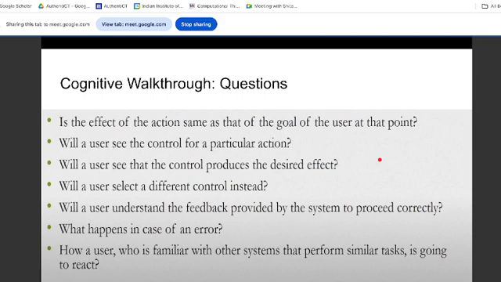So, more examples of these questions are given in the lecture slide. Is the effect of action same as that of goal of the user? So you are the user, so you might phrase it as your goal instead of goal of the user.